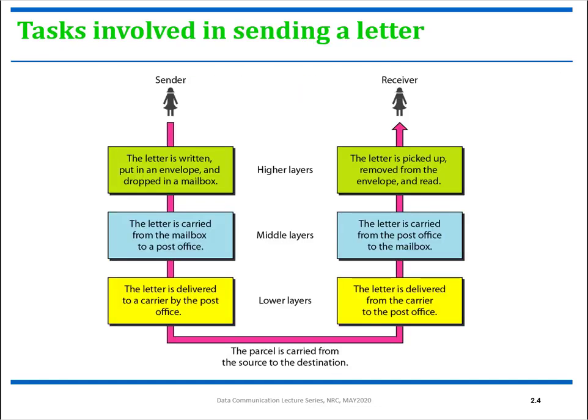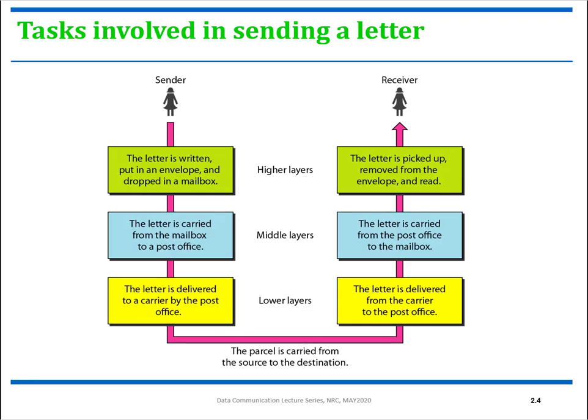What tasks are actually involved in sending a letter? From the left is the sender, and from the right is the receiver. First, when you want to send a letter to your friend, you need a piece of paper and a pen to write something. From the sender side, a letter is written, put in an envelope, and dropped into the mailbox.